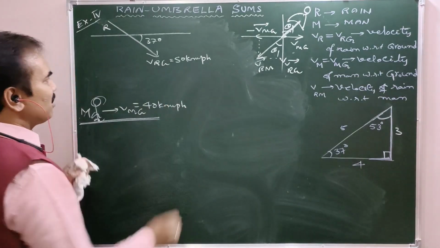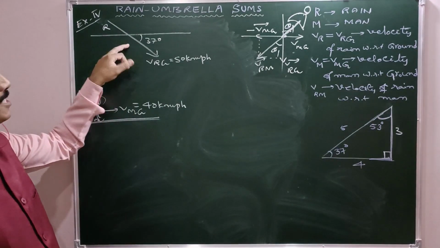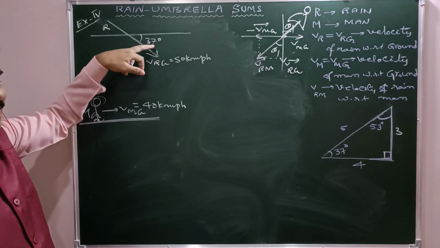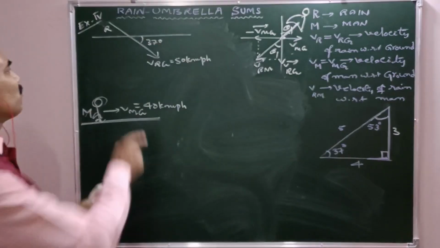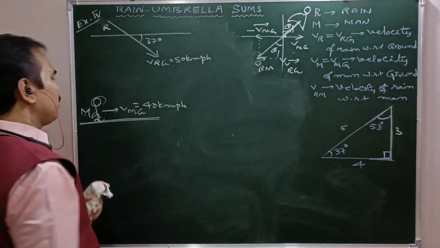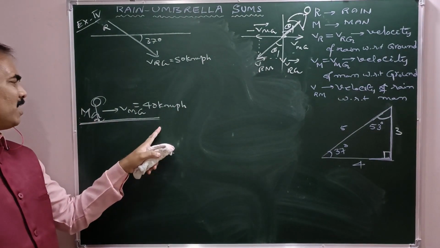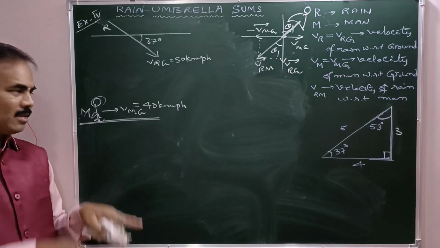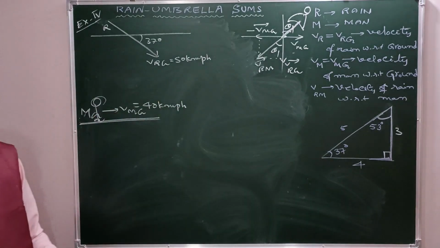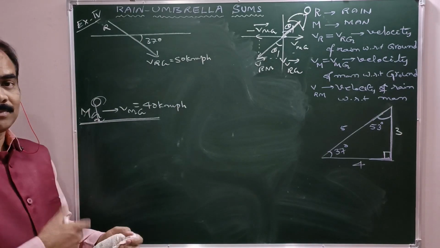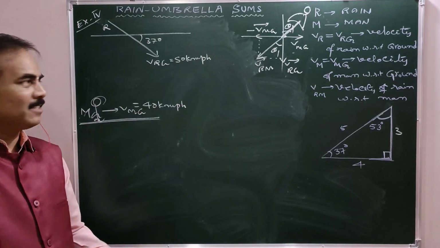See, this time rain is falling such that it makes an angle 37 degrees with the horizontal. This is horizontal. But here, the man is running on the same horizontal with a speed of 40 kmph, towards positive x-axis, right? Now, how he would protect himself from the rain, let us see.